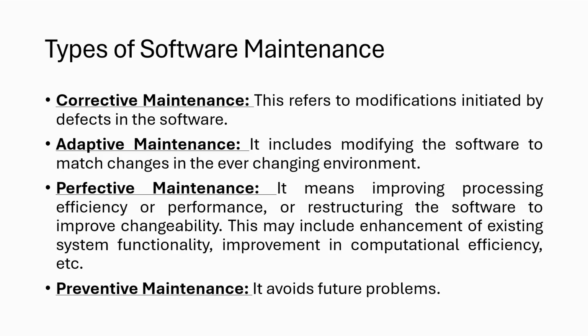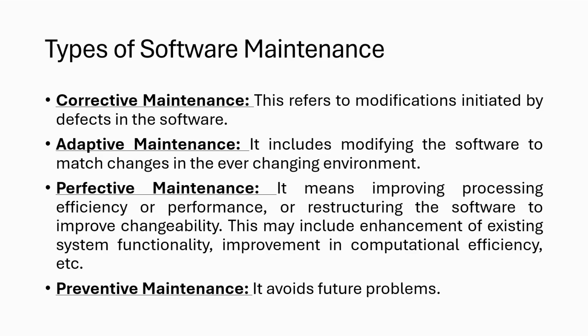Next is adaptive maintenance. Adaptive maintenance deals with making the software compatible with its changing environment. So you can check whether some key terminologies are attached to each kind of maintenance. A question can come up like: this type of maintenance is required, so which maintenance technique is it called?